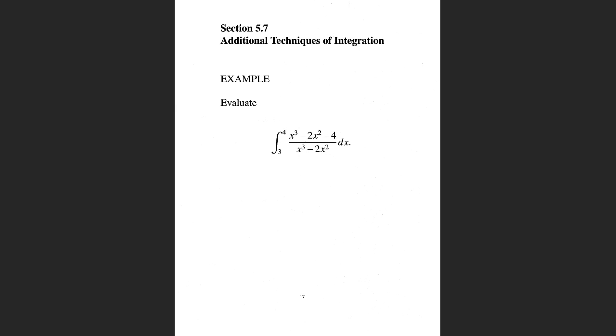Okay, so we're doing a definite integral, and of course the denominator, we always look to see if the denominator can be factored, and clearly it can. The x cubed minus 2x squared, that's a factorable denominator.